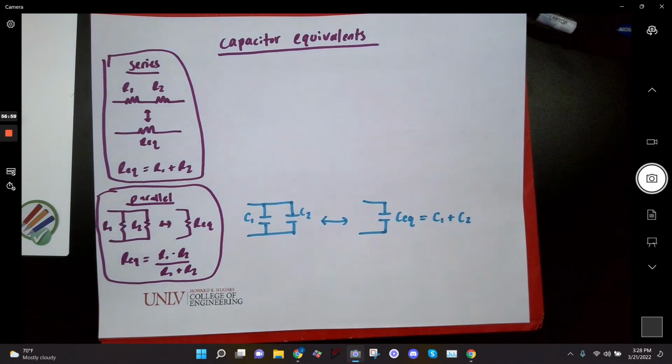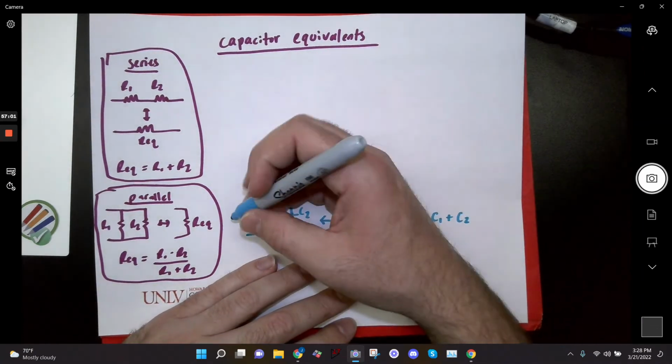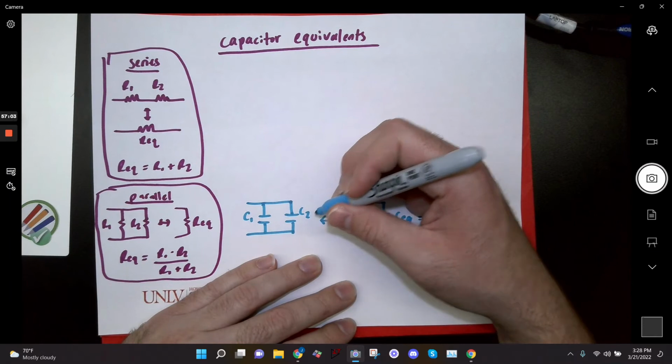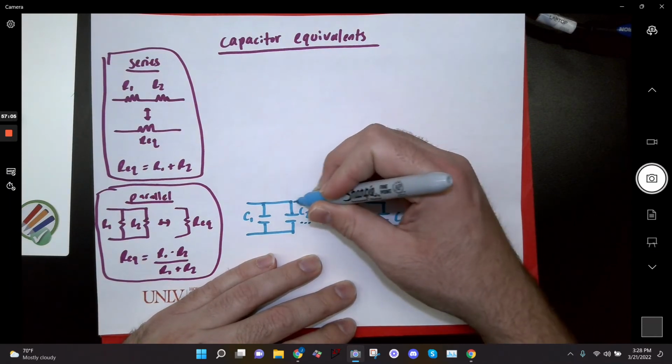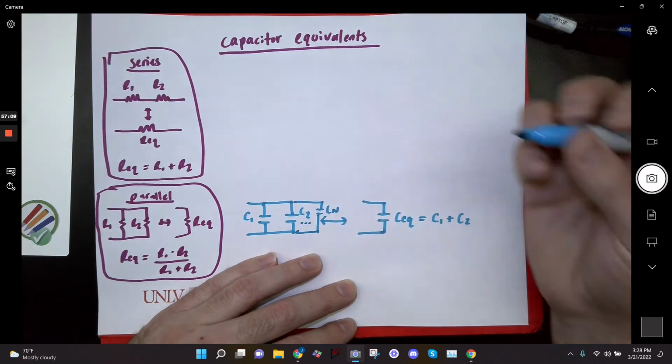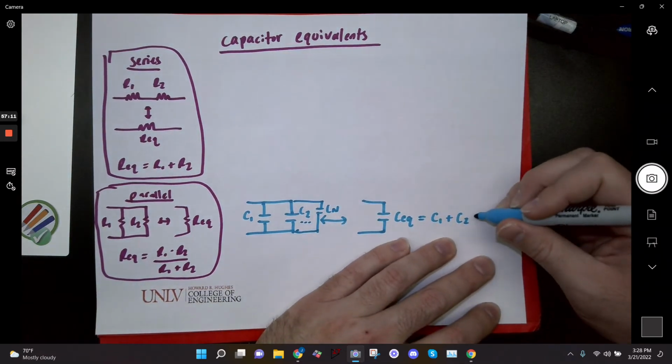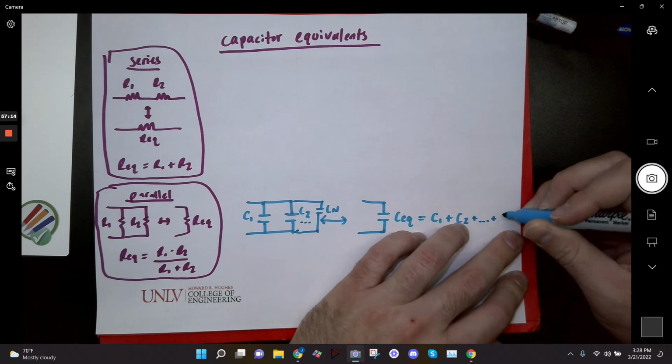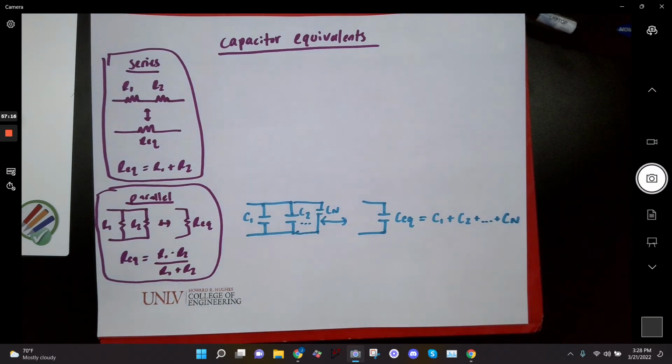However many of them I add. If I have all the way up to, I'll just draw dot, dot, dot, and then I'll draw one more here, Cn. However many of them you put in parallel, you just add them. And that's really easy, right?